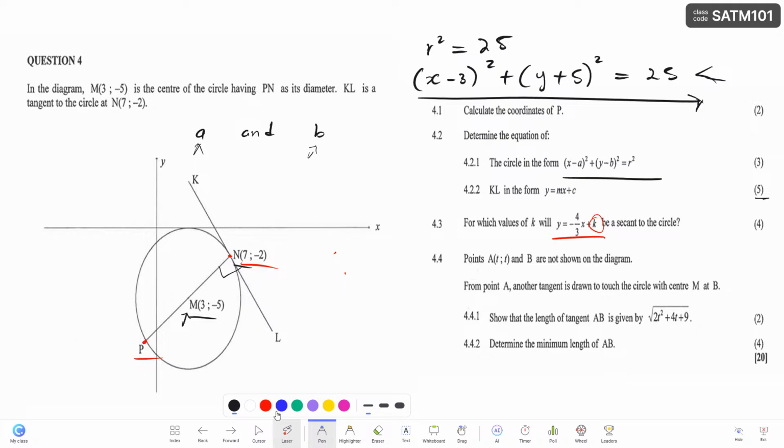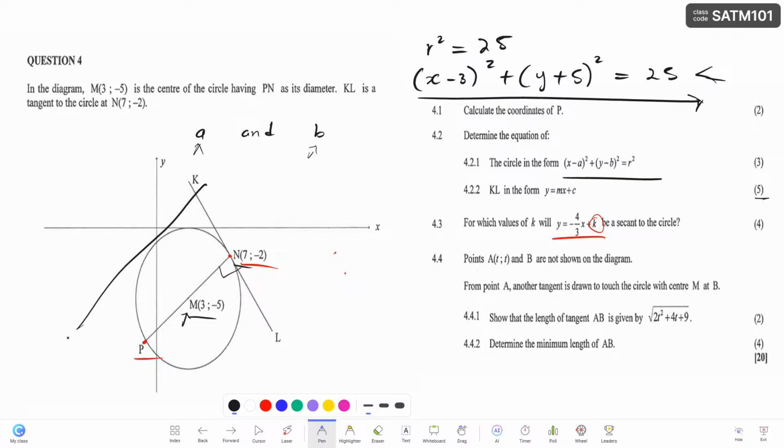I'm just going to imagine a line, or just try to sketch a line. So okay, they said that there is a line somewhere here. I'm just trying to visualize the line, and that line is a tangent.